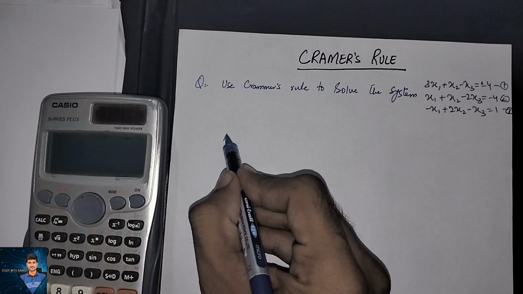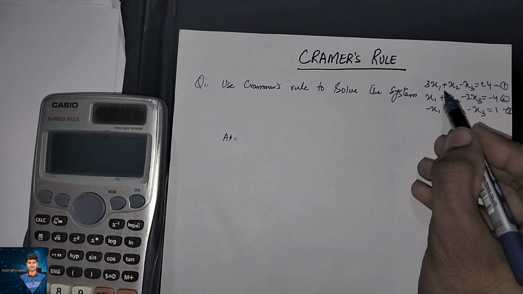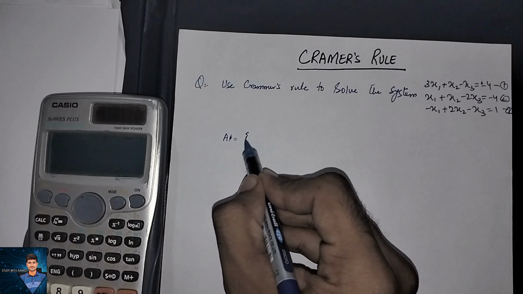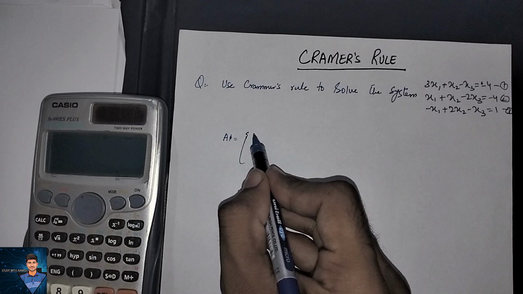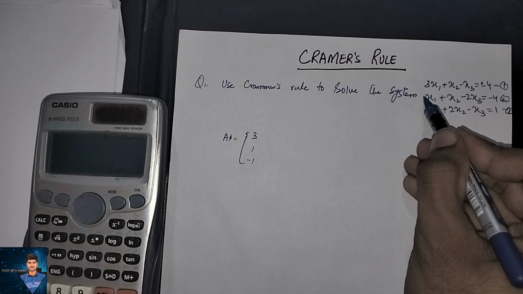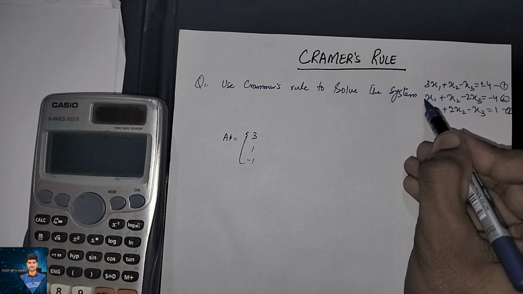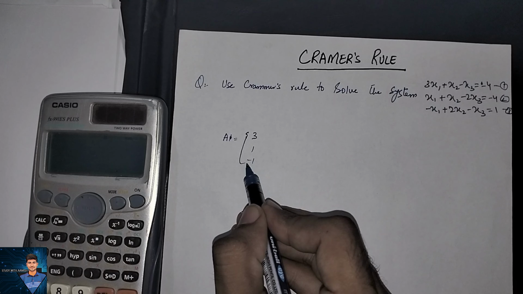So first of all, we start by taking matrices. We will make this linear equation in the form of matrices. All the x1 coefficients will be written in the first column. Here, if there is no number in front of the variable, you will put 1, and if there is minus x, you will put minus 1.